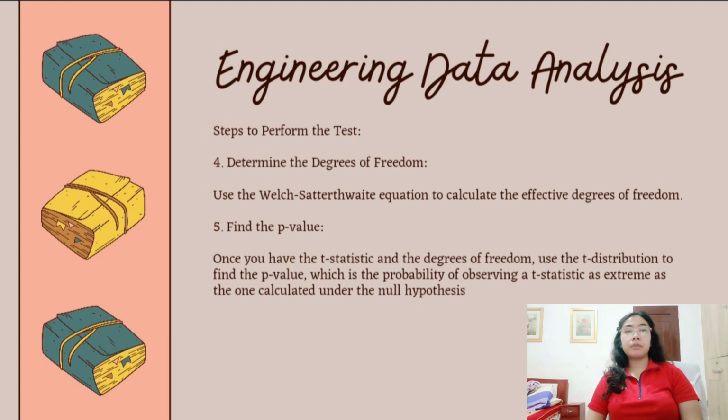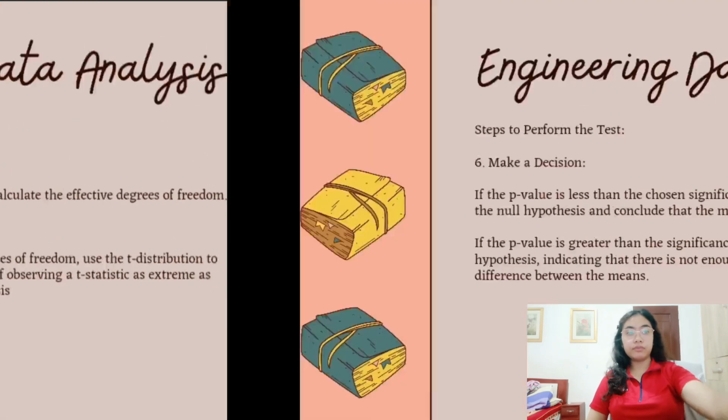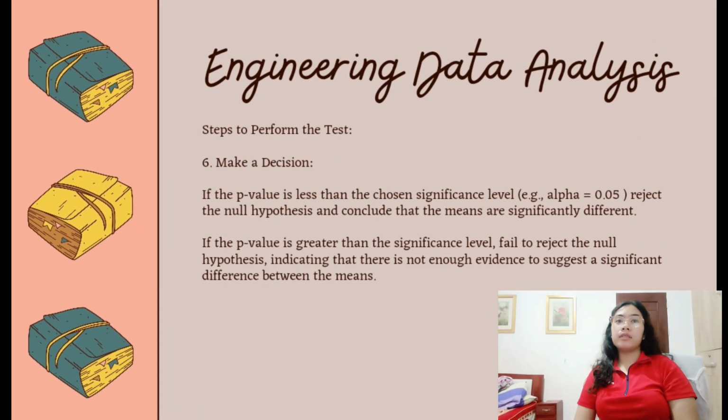Number 5, find the p-value. How are we going to find the p-value? Once you have the t-statistic and the degrees of freedom, use the t-distribution to find the p-value, which is the probability of observing a t-statistic as extreme as the one calculated under the null hypothesis. And the last one, number 6, make a decision.